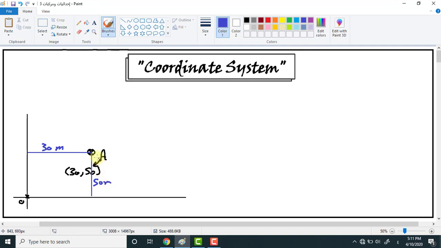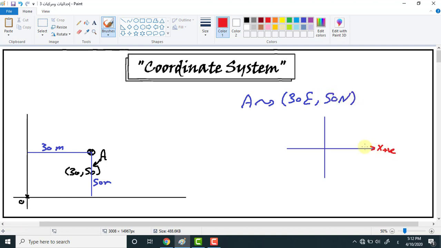In surveying, we write the coordinates of point A like this. We write it A, 30 east and 50 north, where the x positive axis we call east and the x negative axis we call west, and the y positive axis we call north and the y negative axis we call south.